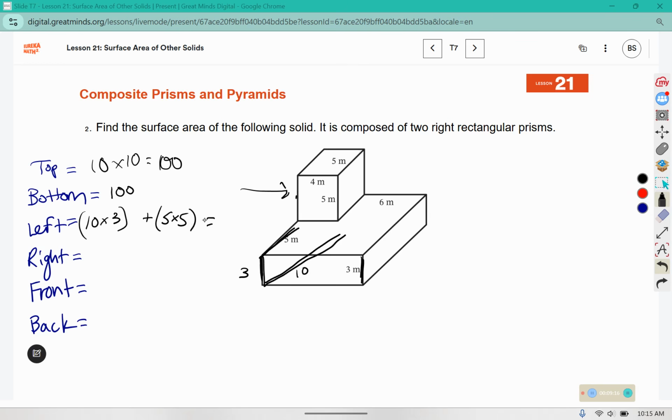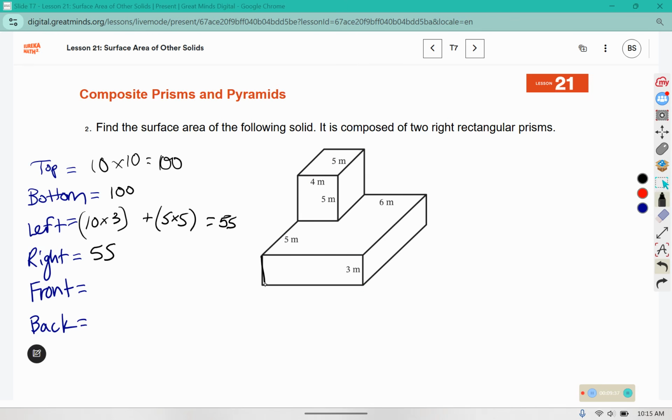So 30 plus 25 is 55. The right side also has this 5 by 5 rectangle and this 3 by 10 rectangle, so it is also 55.